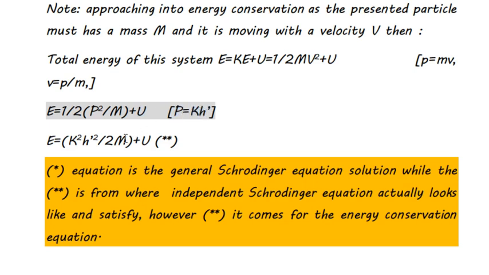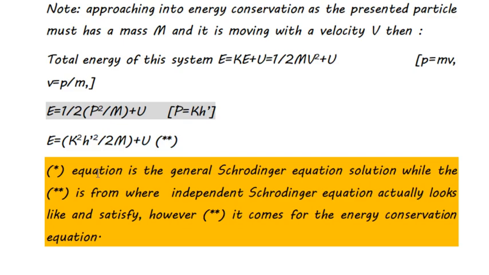So finally, the final form of the independent Schrodinger equation must satisfy this form, which is k squared h prime squared divided by 2m plus u. We are simply substituting this value here, and finally we get this equation form, and we note this equation as equation number 2.